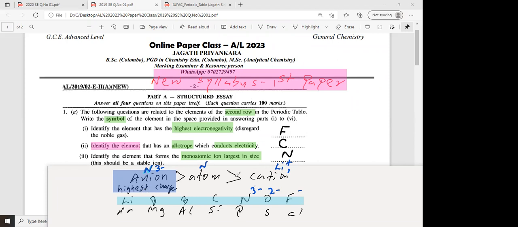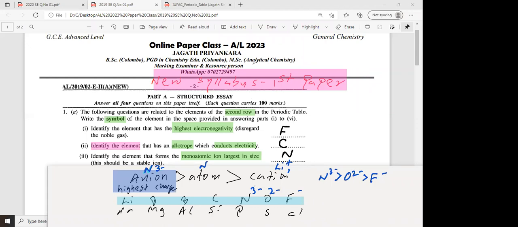O2 minus is smaller than N3 minus, and F minus is smaller than O2 minus. So therefore always write: anion is larger than its atom, and cation is smaller than its atom.